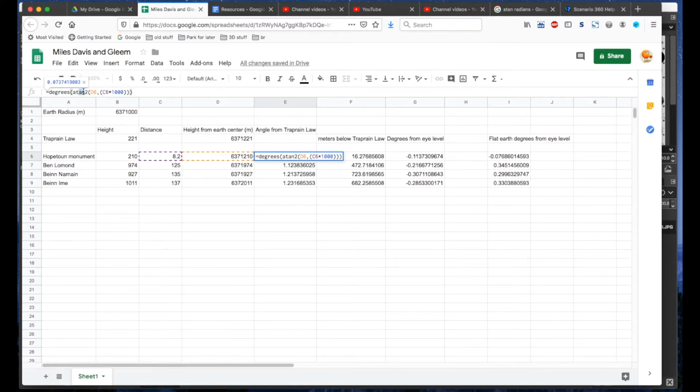Now I'm using arctan2 because that will preserve the sign, whether the angle is positive or negative. And then I just convert that to degrees, and these are all of the degrees. That would mean that you would travel 0.7374 degrees from Traprain Law around the Earth to Hopeton Monument.